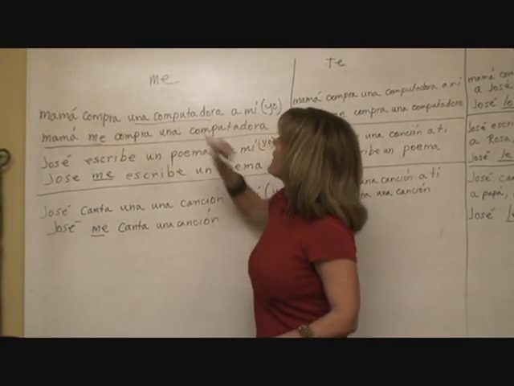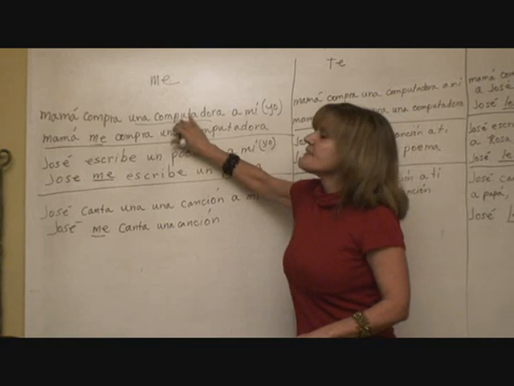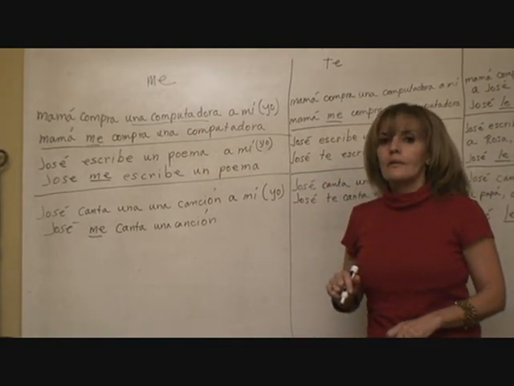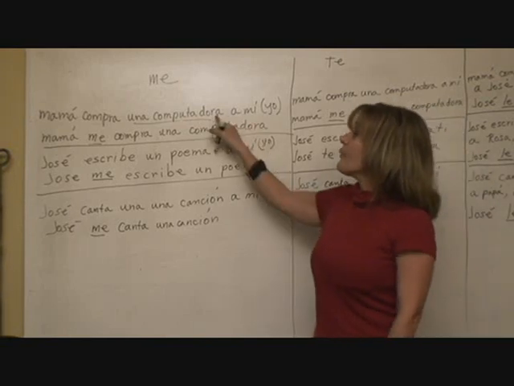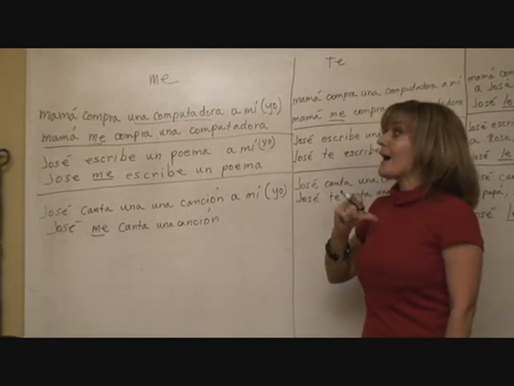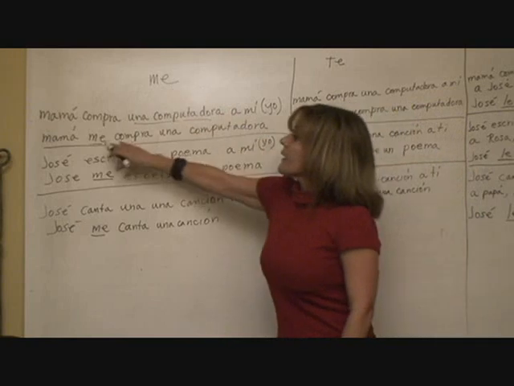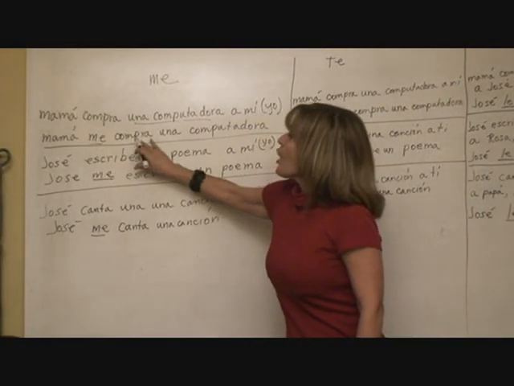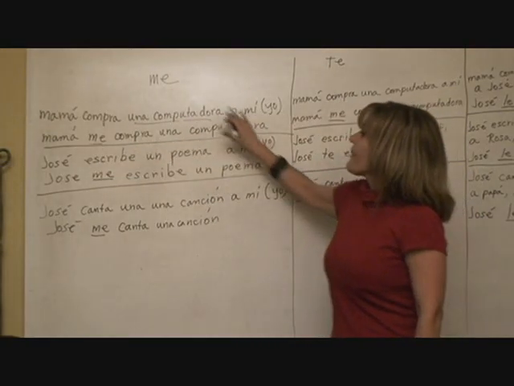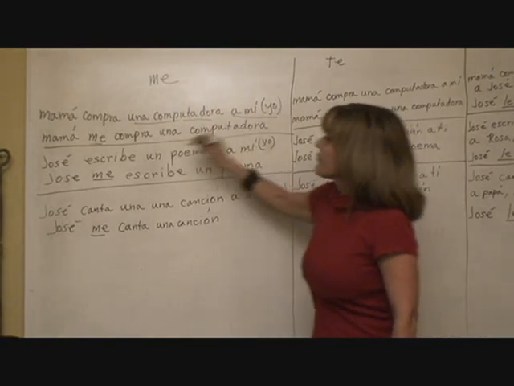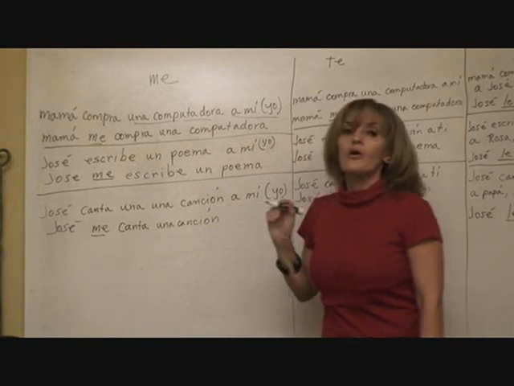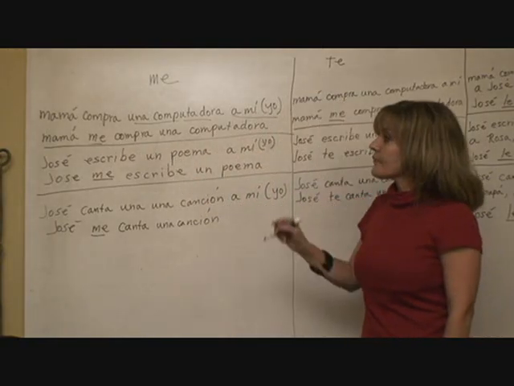Mom buys what? Una computadora. Where is this computadora going? Because that's what the indirect object tells you. Well, it's going where? It's going a mí. Mamá me compra una computadora. The me replaces a mí. Mamá me compra una computadora.